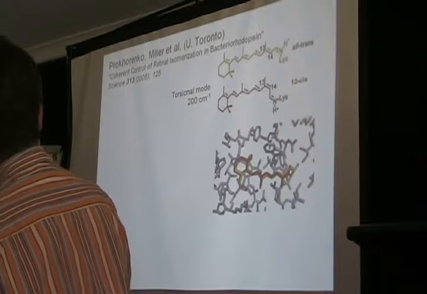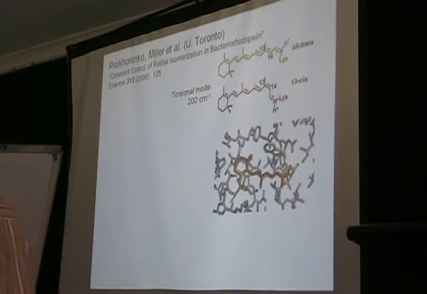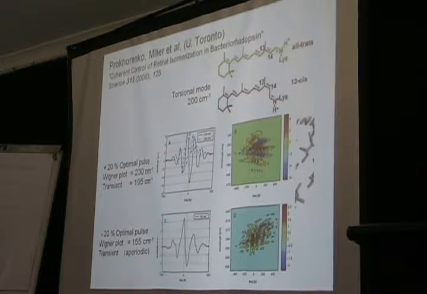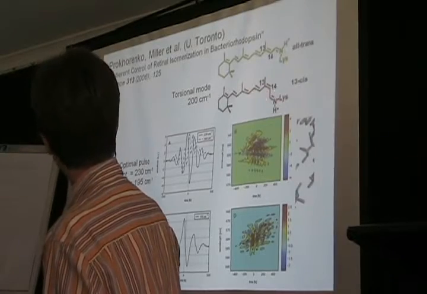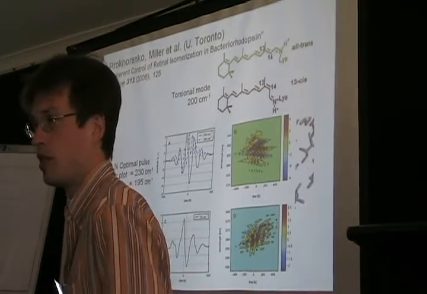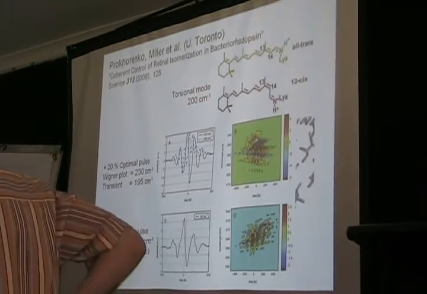This is what it looks like in the environment, and the essential torsional mode is 200 wave numbers here. They now applied the same coherent control shaped pulse approach, and they find that they can not only achieve plus 20% of this isomerization, but also minus 20%. So they can both increase and decrease the rate.